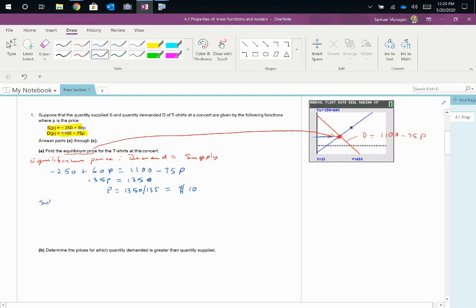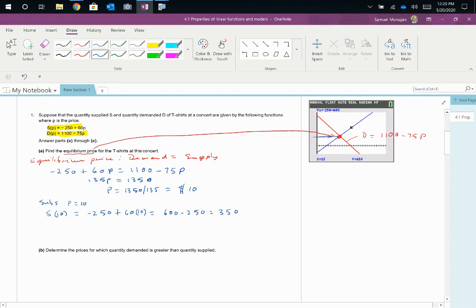Because the equations are equal, we can pick any one of them and get the answer. So substitute in the first equation: negative 250 plus 60 times 10, which is equal to 600 minus 250, or 350.